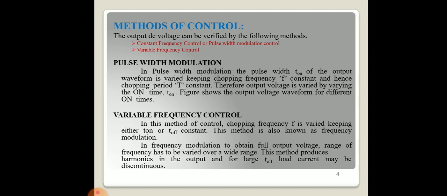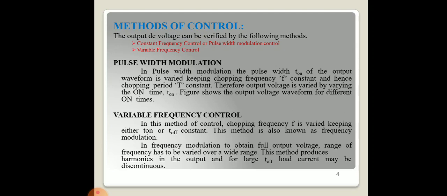In pulse width modulation, the pulse width T on of the output waveform is varied, keeping the chopping frequency F constant and the chopping period T constant. Therefore, output voltage is varied by varying the T on time. The figure shows the output voltage waveform for different on times in a later slide.